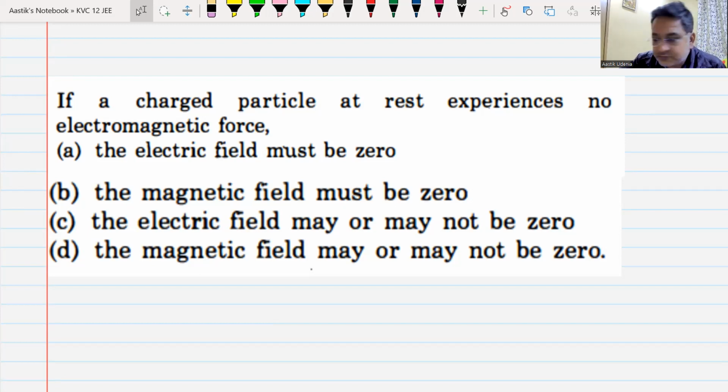Sir, option A. Remember, this is the most difficult question in JEE, multiple option correct. Option A is definitely correct because if there is an electric field, it will start to move.